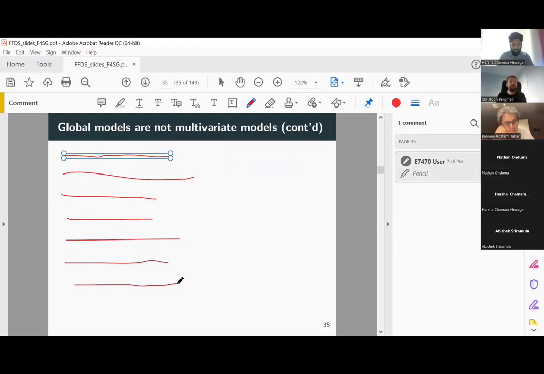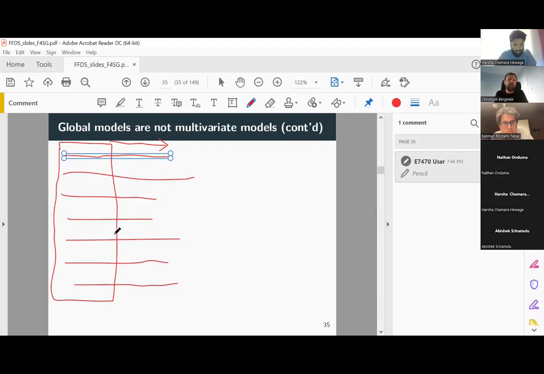Now, if you have a multivariate model, what you would probably do is something like this. You need to take an input window that captures all the series together in one input window, because you want to look at the interactions and so on. Now this window, you shift that way through your series. So in the multivariate model, all of them need to be aligned so that you can take the window at a certain point in time.